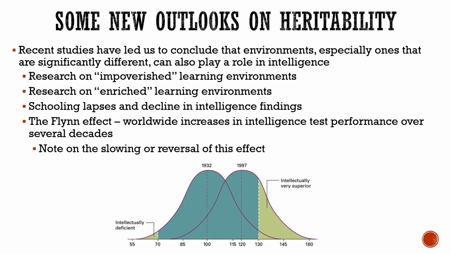There's also numerous studies that have shown that if children, say, miss a year of school because their family's moving or because of health issues, they tend to drop fairly substantially in their ability to perform well on intelligence tests. And it takes them a large amount of time before they have the opportunity to catch up with their peers.